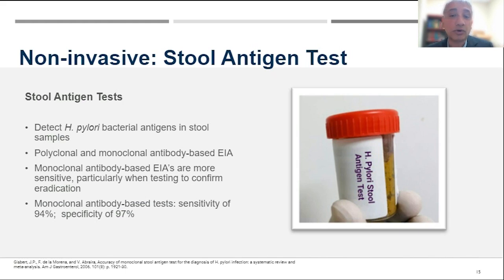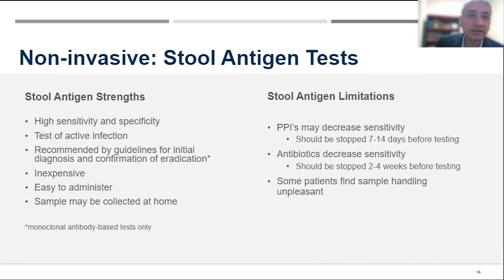Now, all of the commercially available tests in the United States are monoclonal tests. They have high sensitivity and specificity of 94 and 97% respectively. The strength of stool antigen testing is that it is highly sensitive and specific. It is, like urea breath test, a test of active infection.